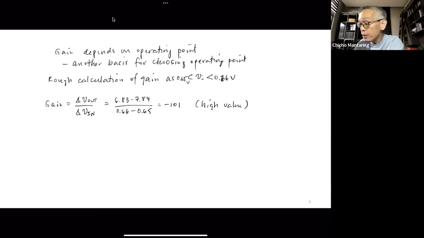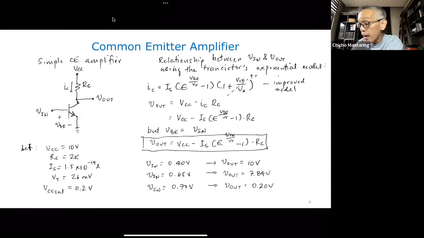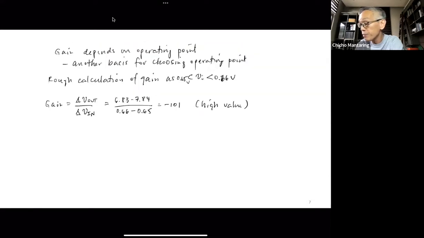Okay, and the reason for that is because of the base emitter diode. Because a very, very small change in your base emitter diode voltage will cause a large change in your collector current. Because you're now operating at that point of your base emitter diode curve where just a small amount of input voltage change will already cause a big amount of collector current change. Kaya ang taas ng gain.